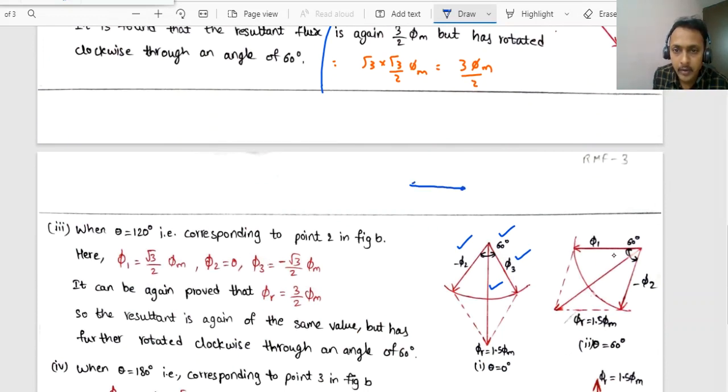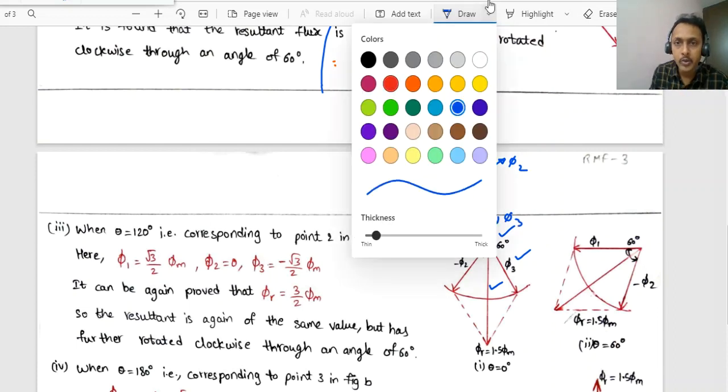At this point, if this is phi 1, and if this is phi 2, and this is phi 3, then its quite opposites will be the negative values, right?